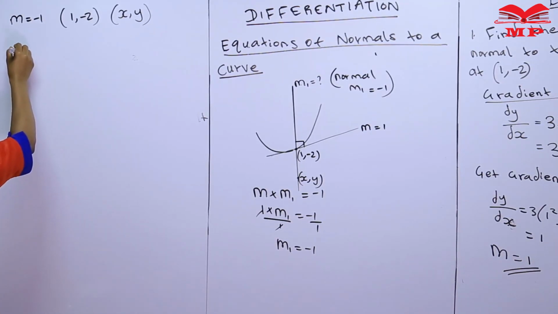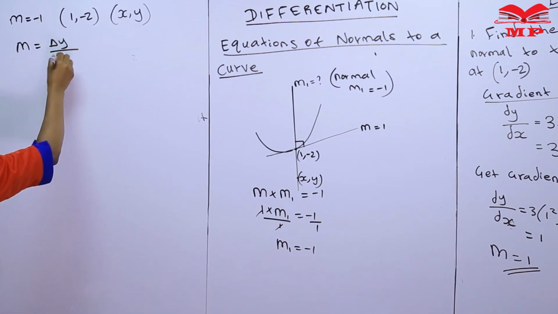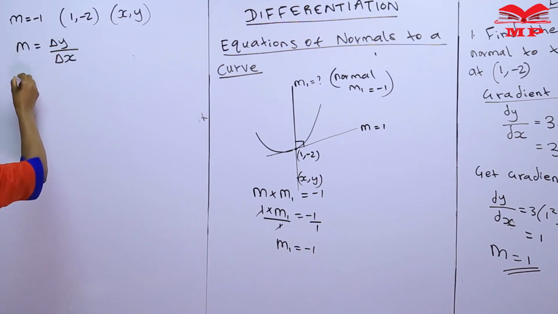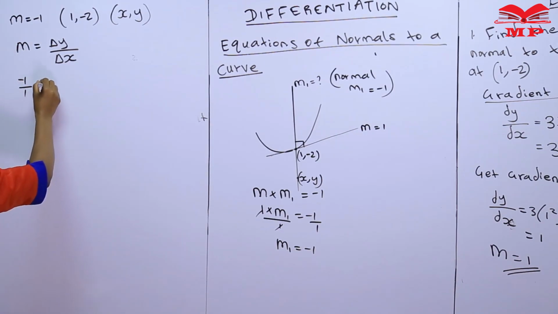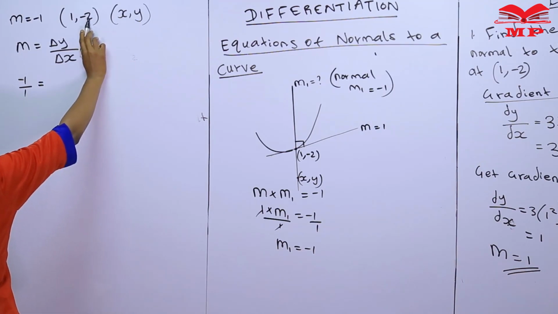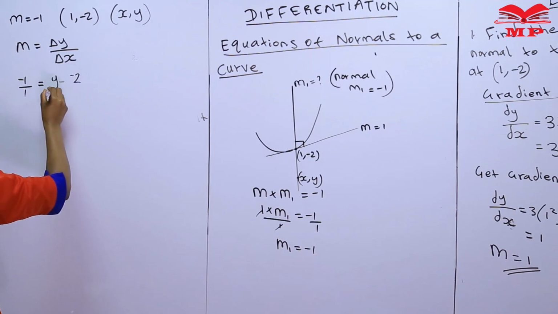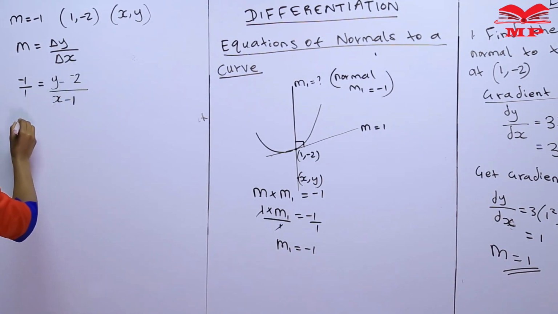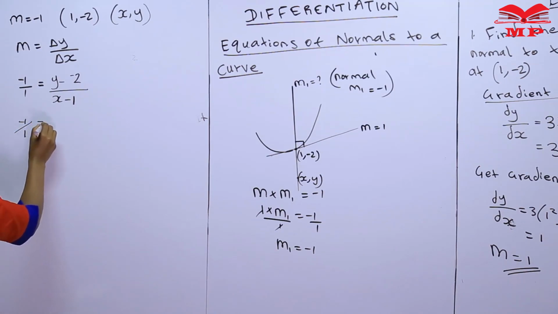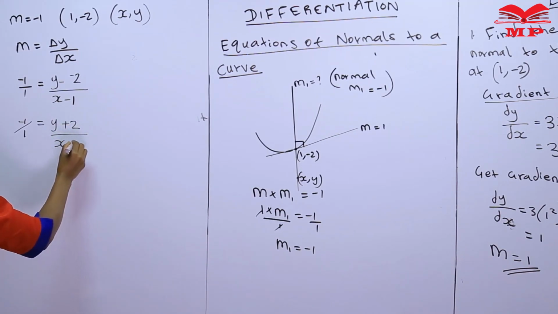Our gradient is given by change in y over change in x. Our gradient is -1, which is -1 over 1, equal to y minus -2 all over x minus 1. Negative times negative gives positive, so we have y plus 2 all over x minus 1.